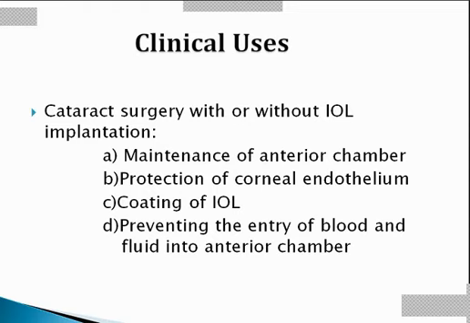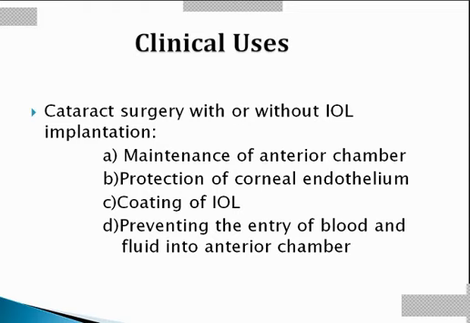Okay? And to prevent the entry of blood and fluid into the anterior chamber. While doing the surgery, unknowingly we may damage some tissues and some bleeding will be there. Suppose intraocular bleeding is coming, the surgeon cannot see anything and cannot extract the lens. So to avoid that, you can put viscoelastic, because it is a heavy substance.